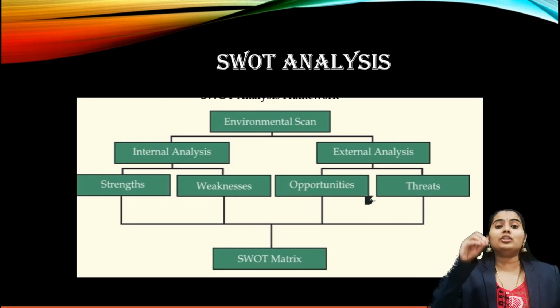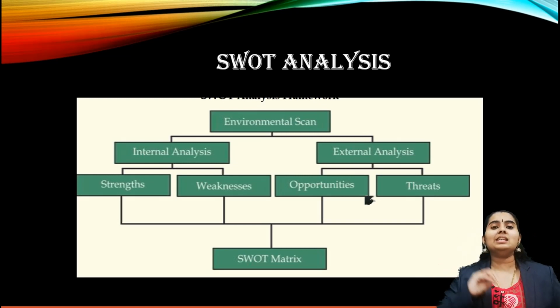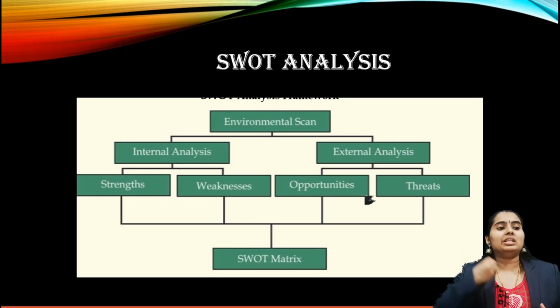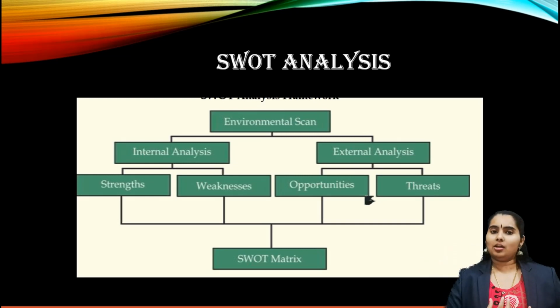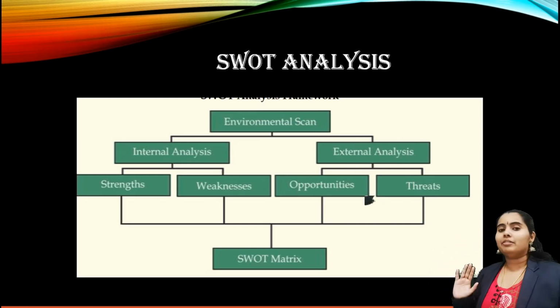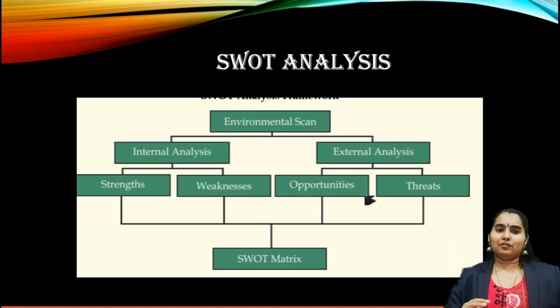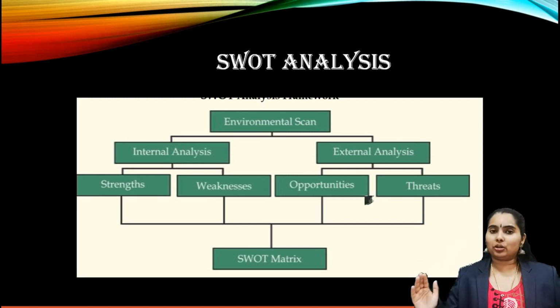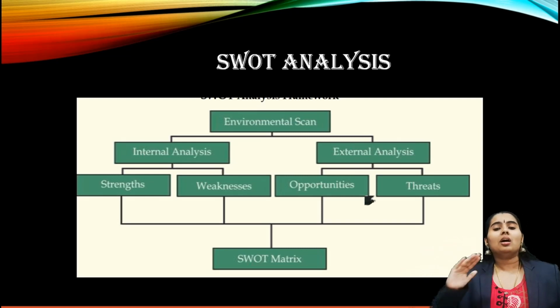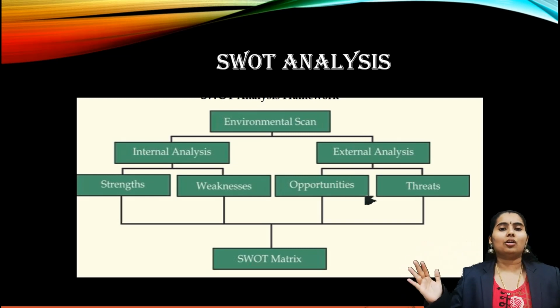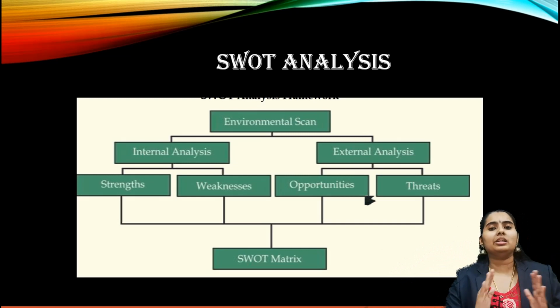When you scan the internal environment of a business, you can identify your strengths and weaknesses. Sometimes skilled employees are the strength of a company. Some technological defaults come under the weaknesses of a business. Then the external environment is the macro environment, which is social, political and technological, and which cannot be controlled by the organization.